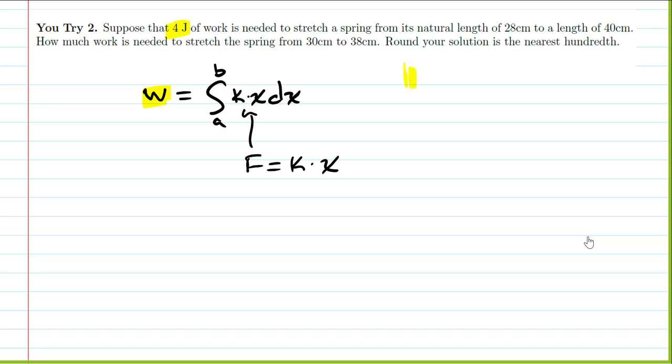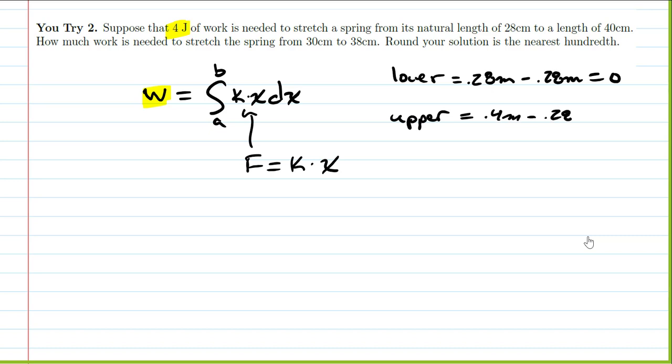So then our lower limit is going to be 0.28 meters minus its natural length, which is 0.28 meters, equals 0. And our upper limit is going to be 0.4 meters, take away the natural length, which is 0.28 meters, gives us 0.12 meters.